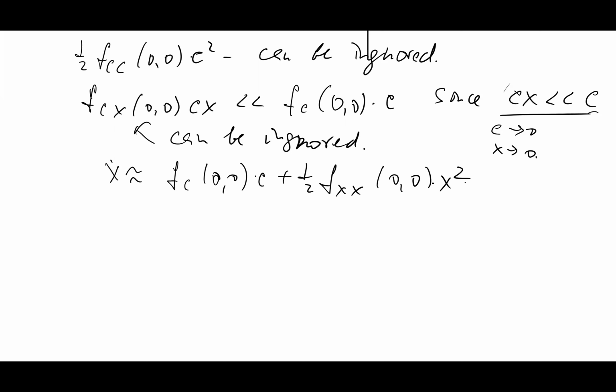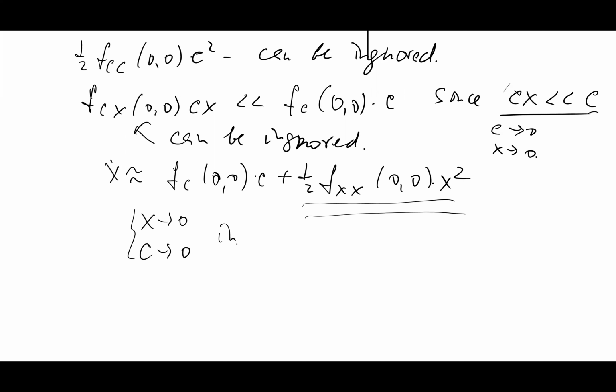If for any reason we decided to ignore the second term, we would end up with the first order approximation. To avoid this, we should set certain conditions for x and c. x tends to 0, we know this, it is small. c tends to 0, it is also correct.